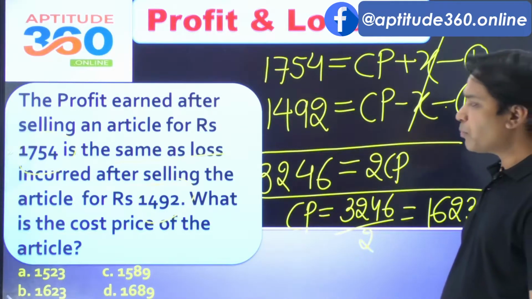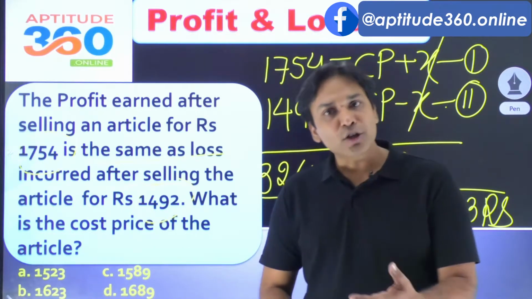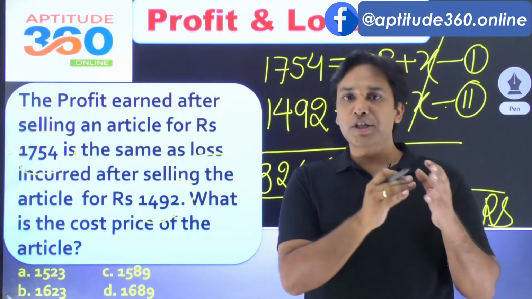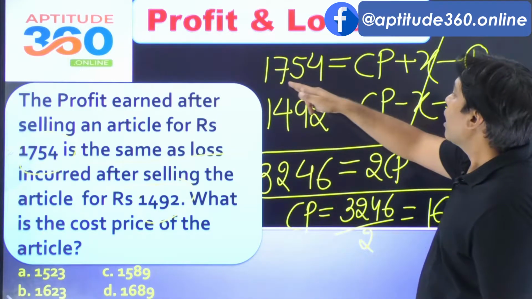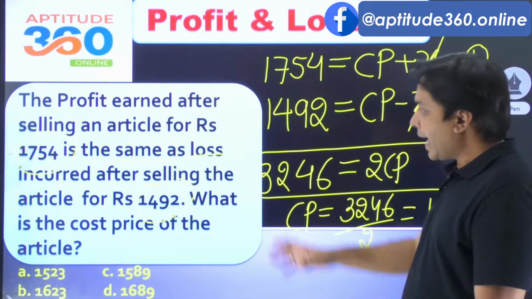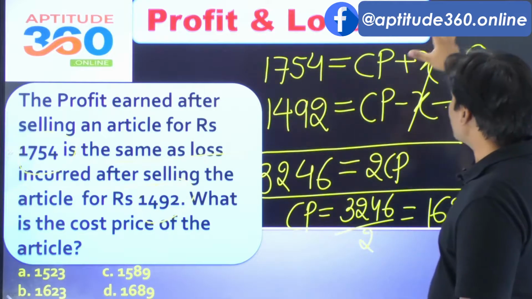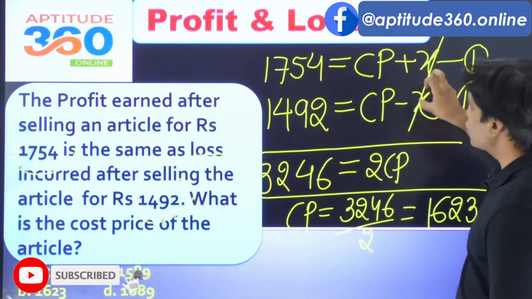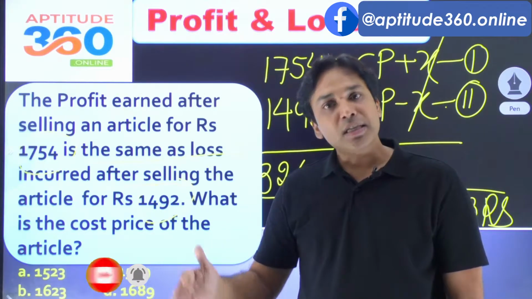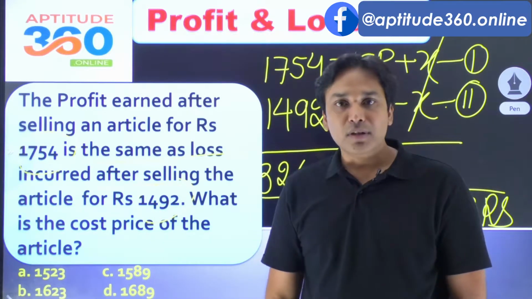Isn't it a very simple problem? And that is what they are asking you to find out. So what did I say is, if you would be able to form 2 equations, one where you are having the profit, the second where you are having the loss, and as per the problem, the amount of profit and amount of loss, these two are equal. So we have got 2 equations, 2 variables. We simplify, we will get the value, isn't it?